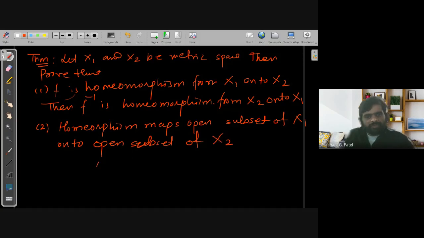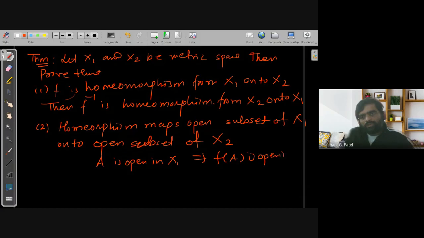That means if A is open in X1, then f of A is open in X2. That means it maps open sets to open sets.